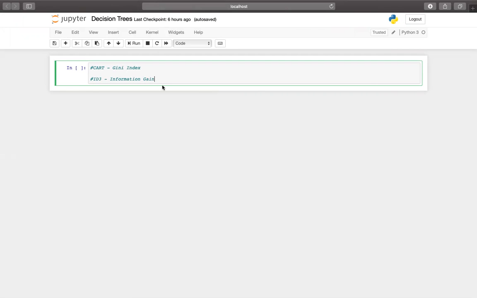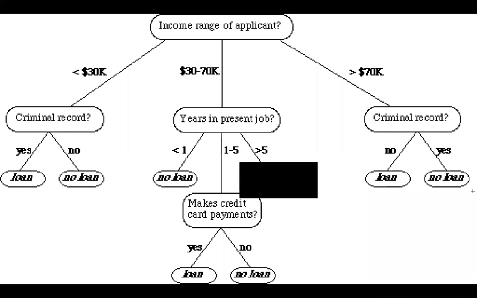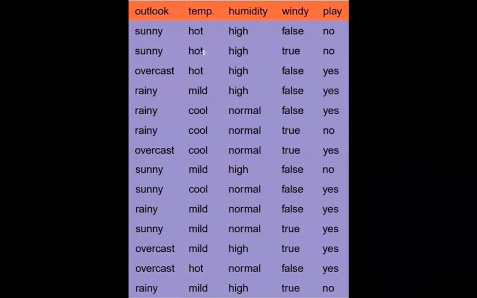At each level, you calculate these metrics for each of the columns, and whichever column has the highest metric is chosen. Say in the first level, you're not sure what your root node is.